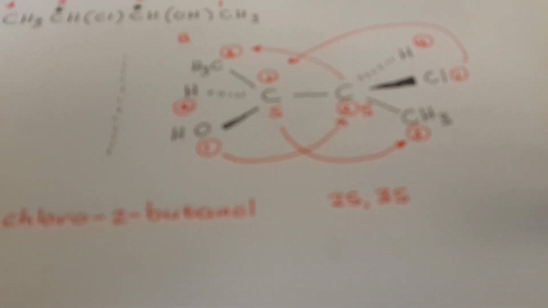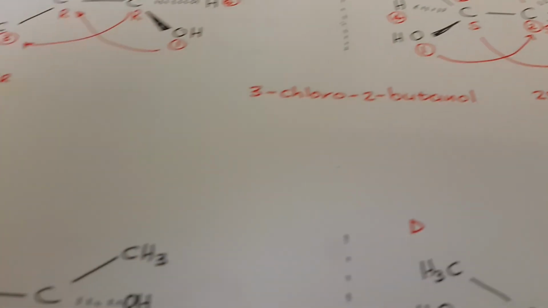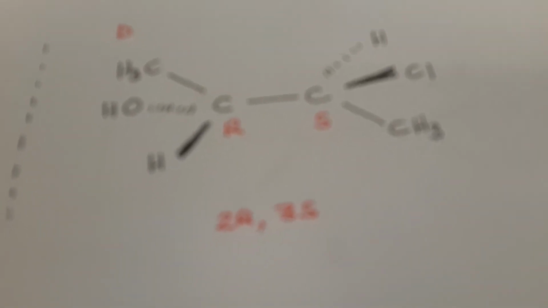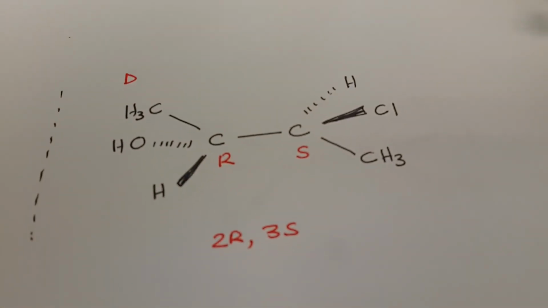You can probably get a glimpse of it here. There you go. And then a 2S3R, that you see here. And finally, in this last one, when we focus, you can see that this is a 2R3S.